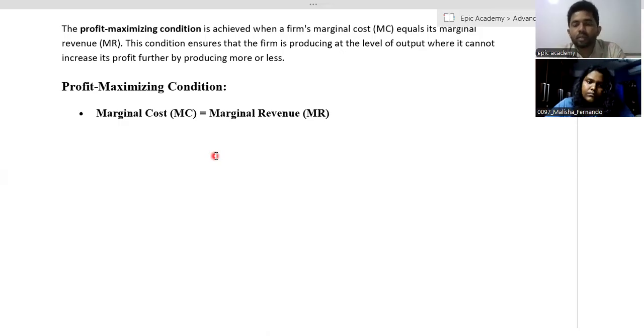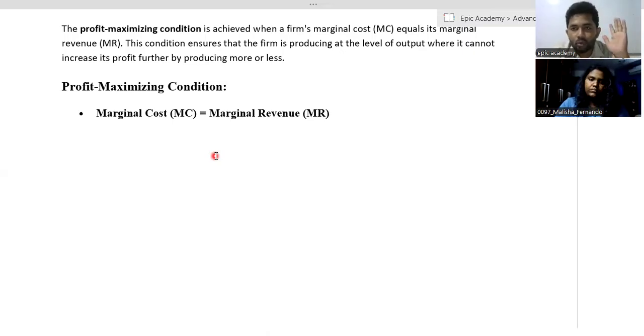Marginal revenue means the extra revenue because of the extra production, additional revenue because of additional production. This condition ensures the firm is producing at the level of output where it cannot increase its profit further by producing more or less.